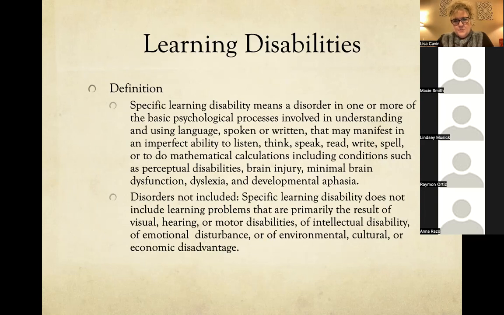It can't be caused primarily by emotional disturbance, or because of a lack of advantage in socioeconomic conditions, cultural issues, or environmental conditions. And so we have to rule all those things out before we can say that a child has a specific learning disability.